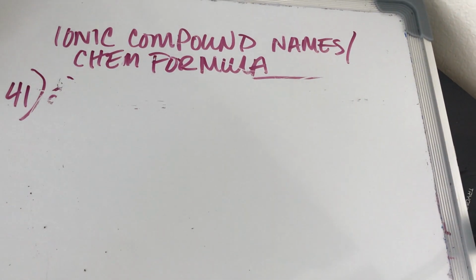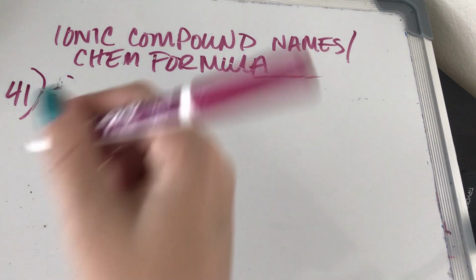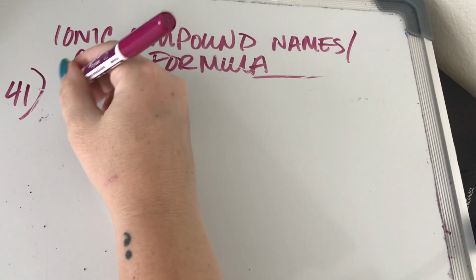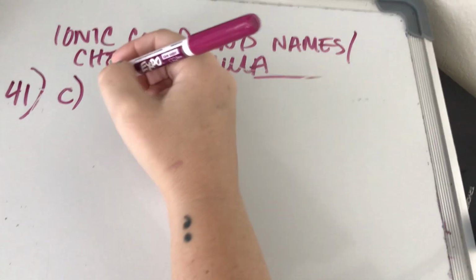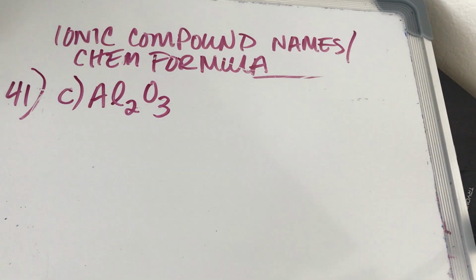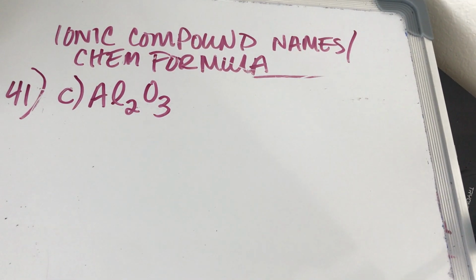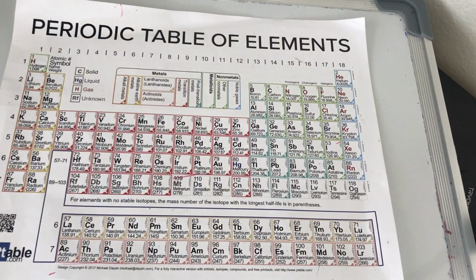So let's look at C, because this one is a little bit weird in the answer key. Looking at aluminum, that's one of those 3 weirdos that we talked about when you're going up the stairs, and it always has a +3 charge.